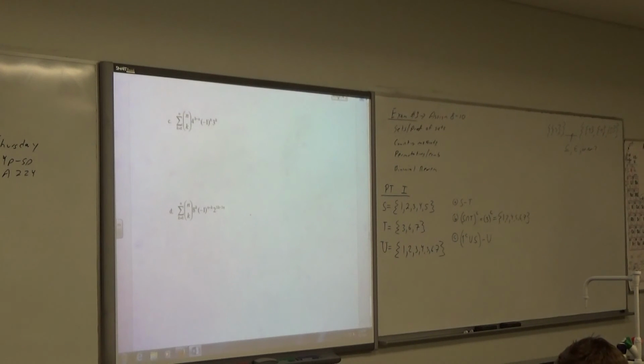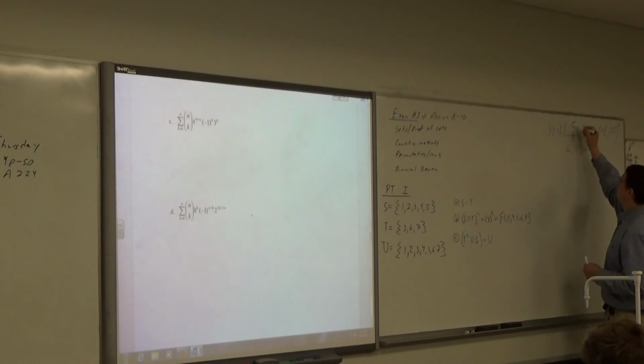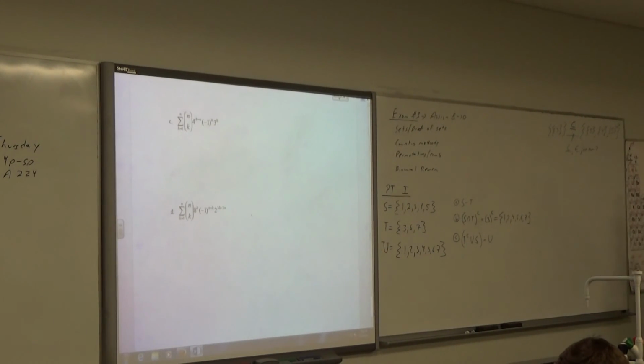But what if, in this case, it is both a subset and an element, right? No, it can't be both a subset and an element. This would be a subset, okay? The only time it's an element is if it looks exactly like what's inside the outermost squigglies.